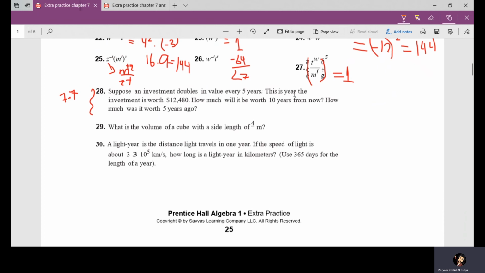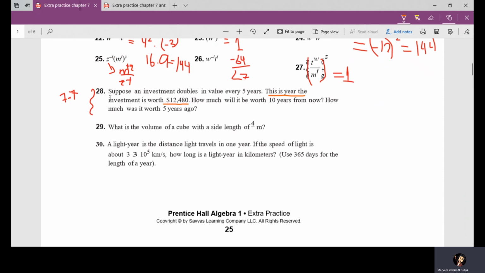This year the investment is worth 12,480. Because they said this year, that means the initial value is this one. How much will it be worth 10 years from now? How much was it worth 5 years ago?